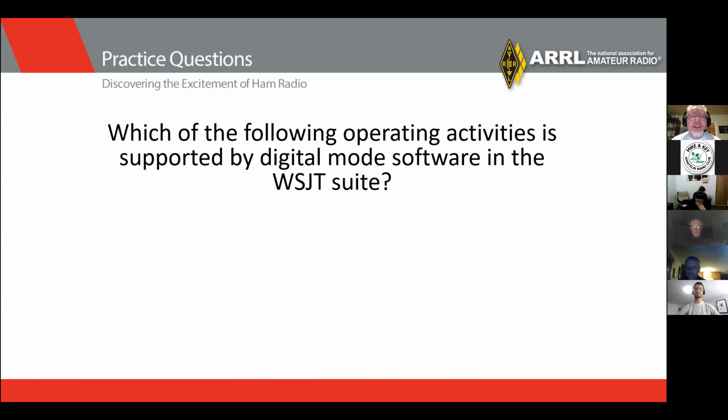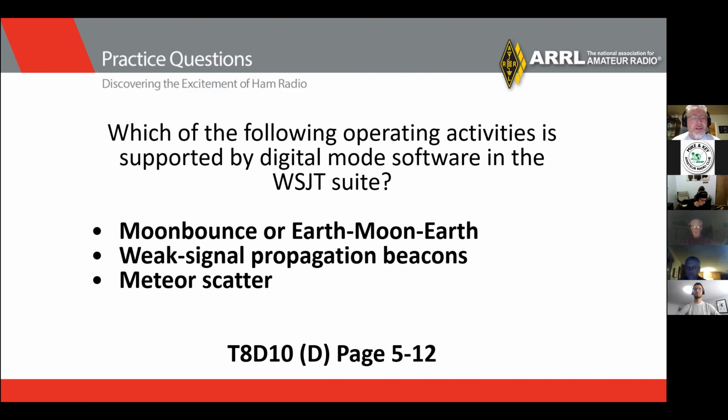Which of the following operating activities is supported by digital mode software in the WSJT suite? This has a lot of them. The options are moon bounce or EME, Earth-Moon-Earth, weak signal propagation beacons or WSPR, and meteor scatter.